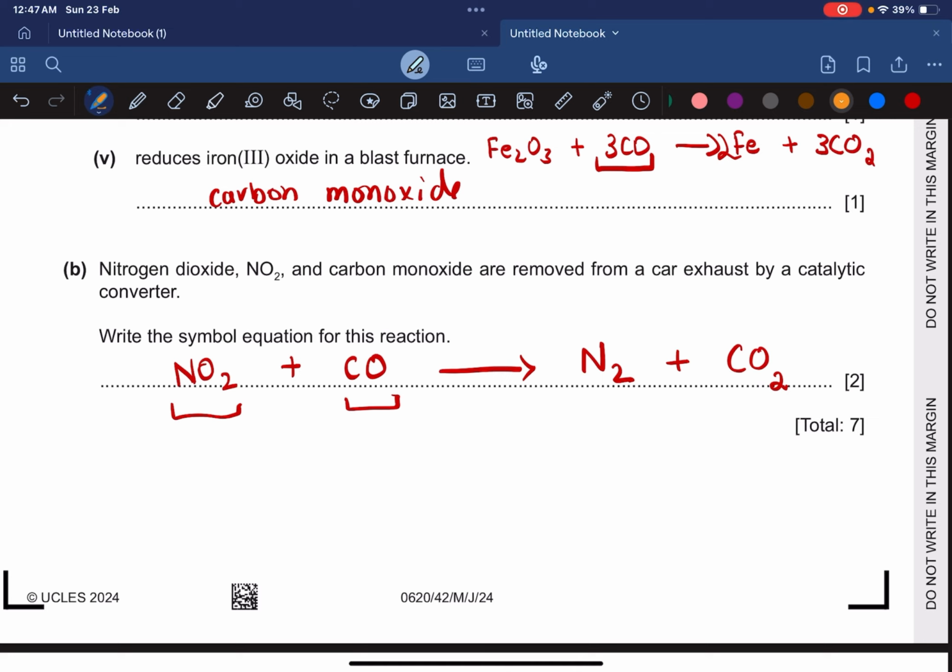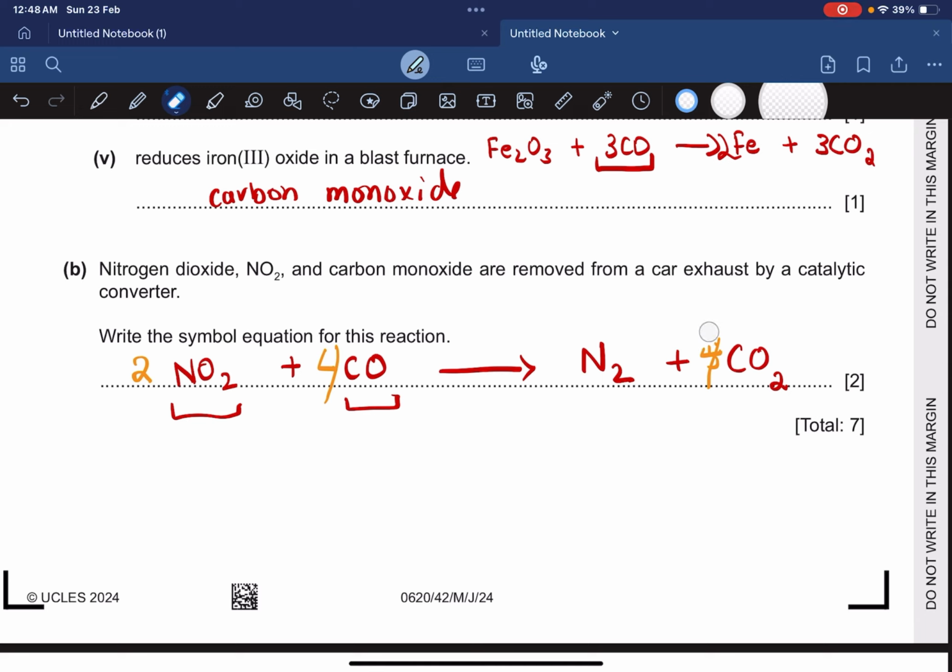On this side we have 3 carbons, and over there oxygens, and over here we have and we're done with the balancing.